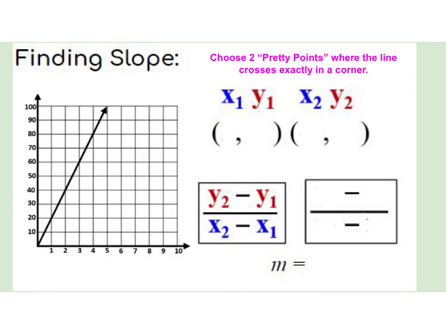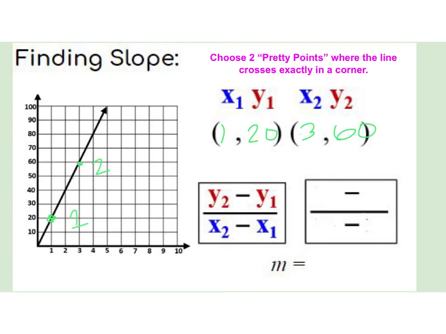All right, on this graph, we're going to start again with our slope formula, y2 minus y1 over x2 minus x1. Our first ordered pair is going to be (1, 20), and our second ordered pair is going to be (3, 60).